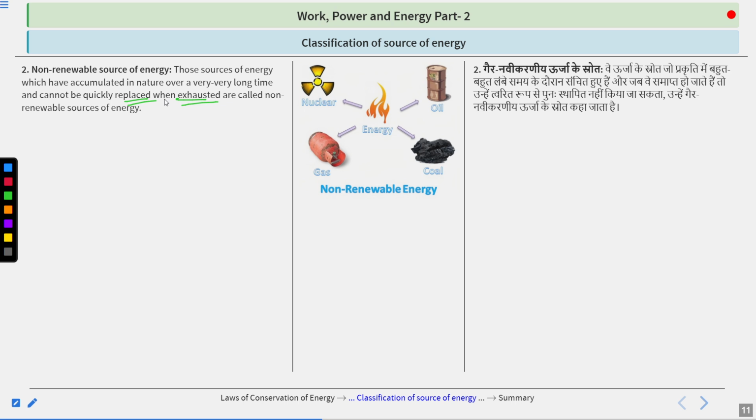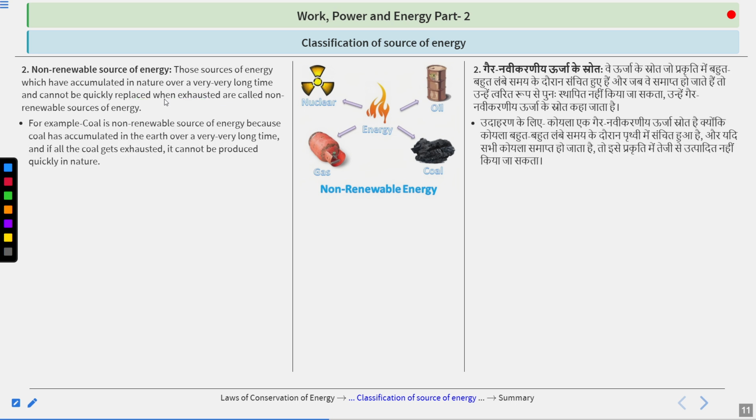Got it? For example, coal is a non-renewable source of energy because coal has accumulated in the earth over a very, very long time. And if all the coal gets exhausted, it couldn't be produced quickly in nature because it took very many years to be produced.